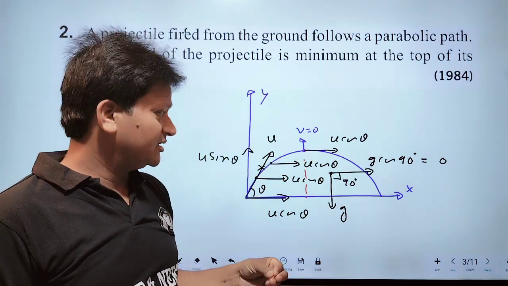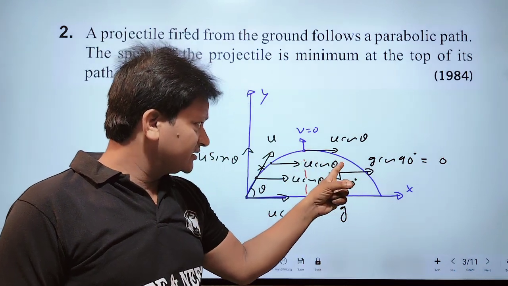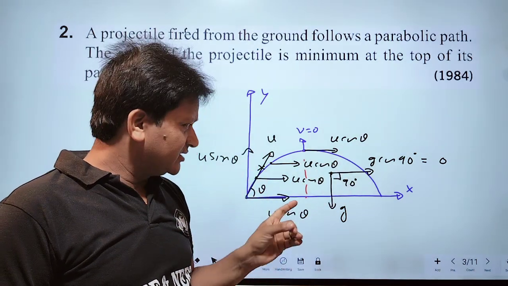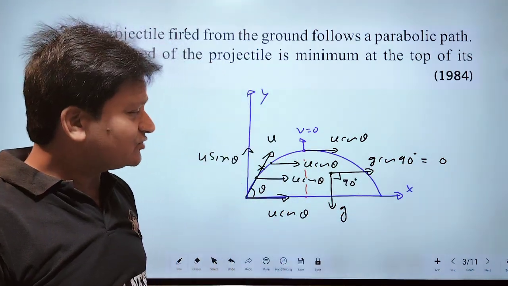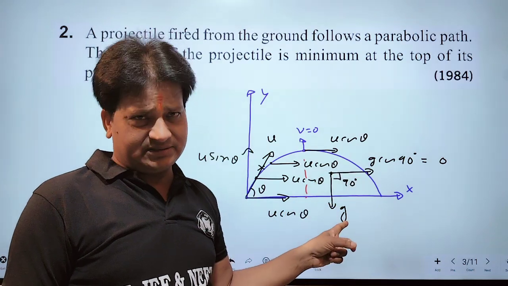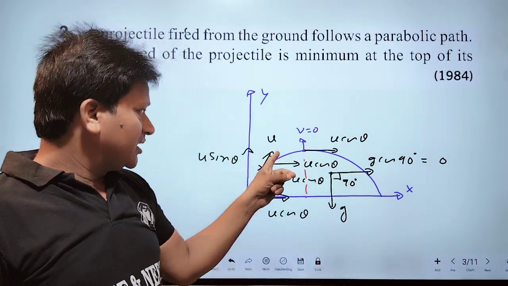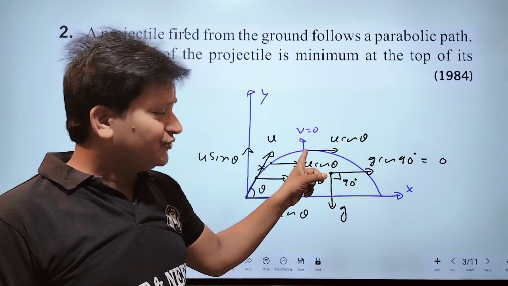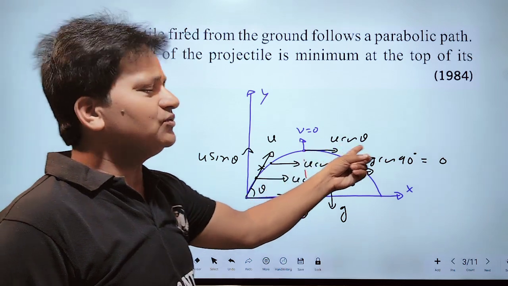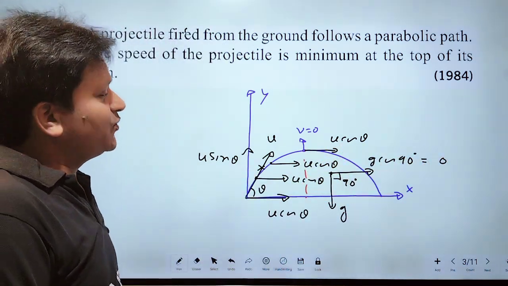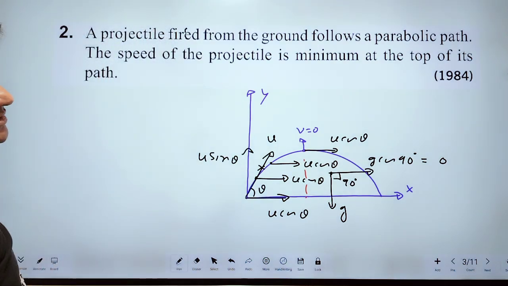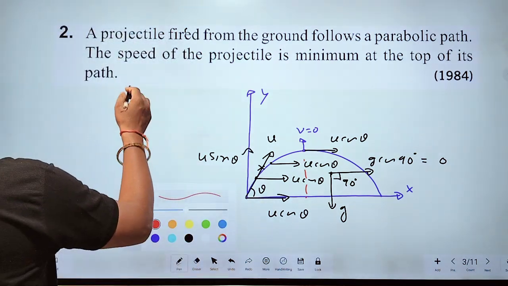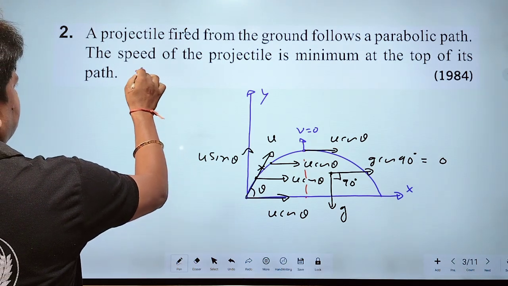At all other points, the particle has two components, one horizontal which is constant and one vertical, so velocity at all points except the top will be larger than u cos theta. Therefore, at the highest point the projectile has minimum velocity with only one component, u cos theta, in horizontal direction. So this statement is correct, true.